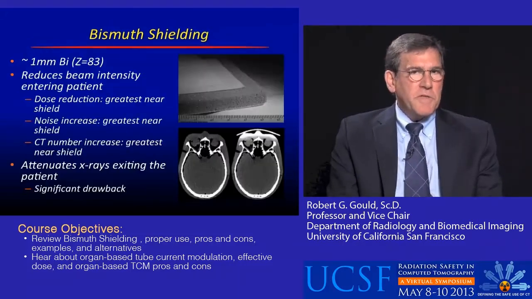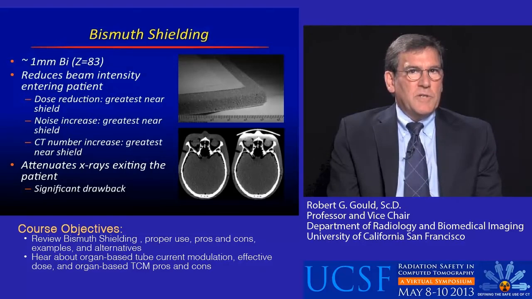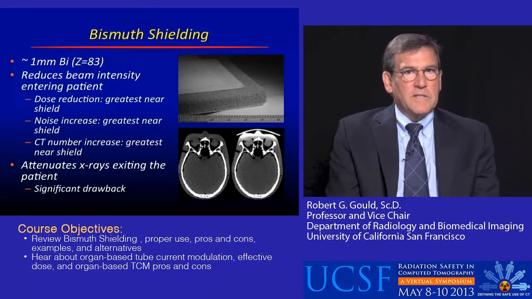So as I said, bismuth is a heavy metal, has a Z of 83, approximately 1 millimeter thick in a flexible plastic is how this comes. The idea is that it reduces the beam intensity as the beam enters the patient. It does certainly do that, but the dose reduction is greatest near the shield. In other words, the dose reduction that occurs is not consistent or uniform throughout the slice, but is greatest near the shield.